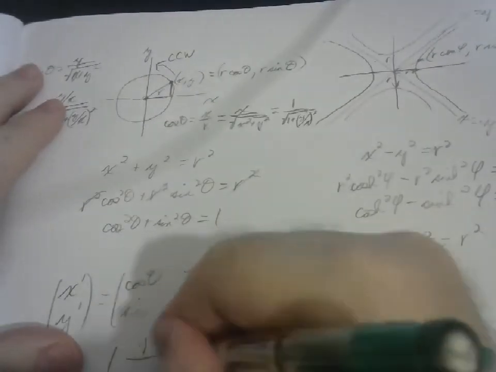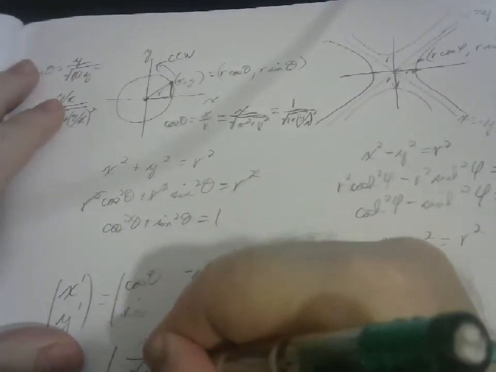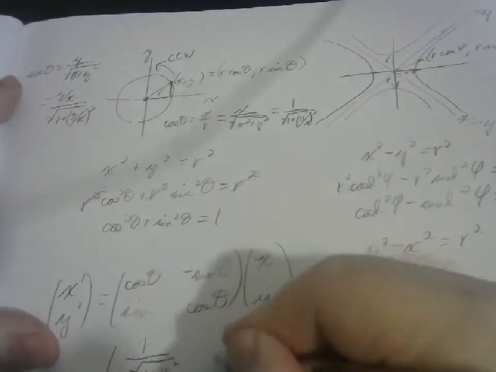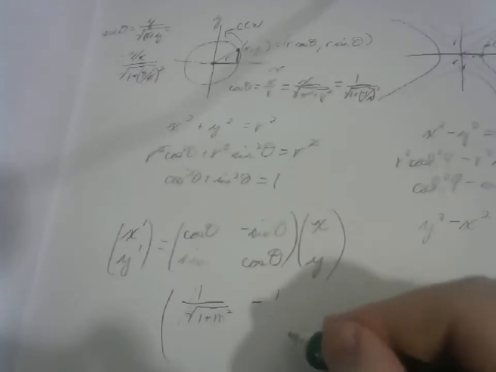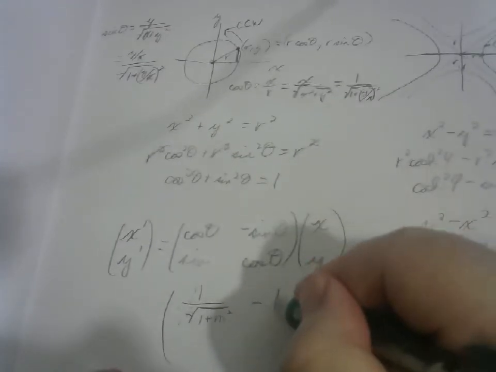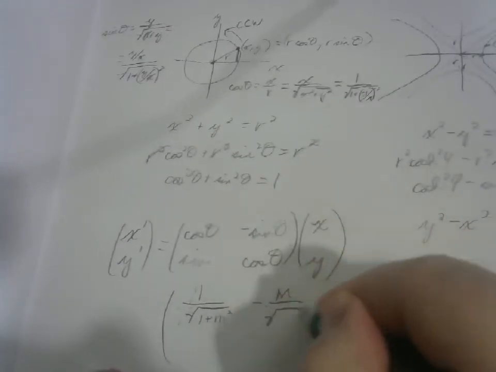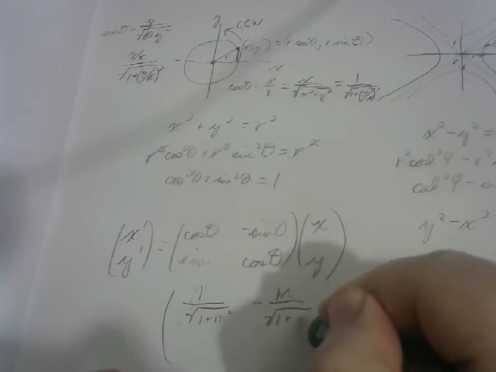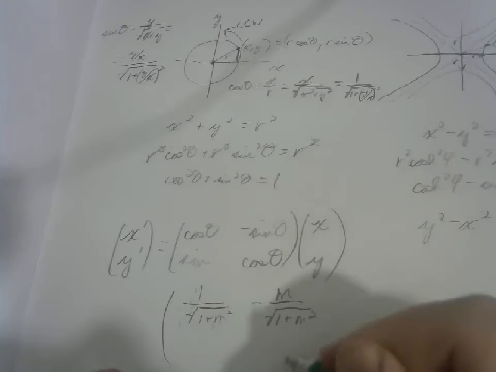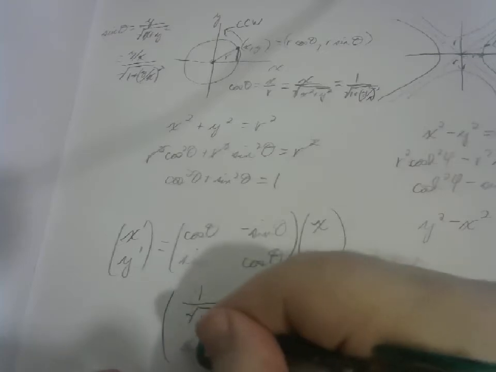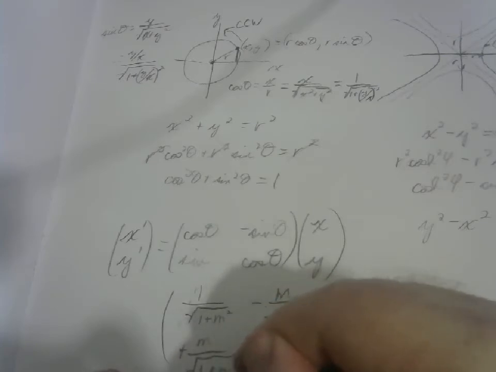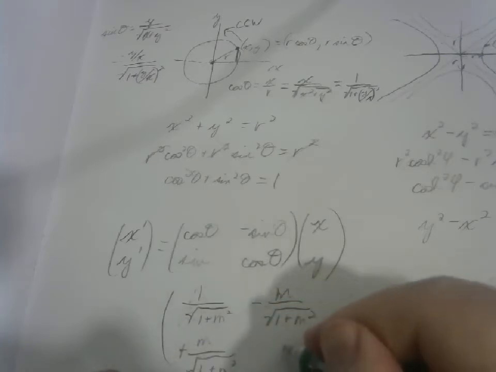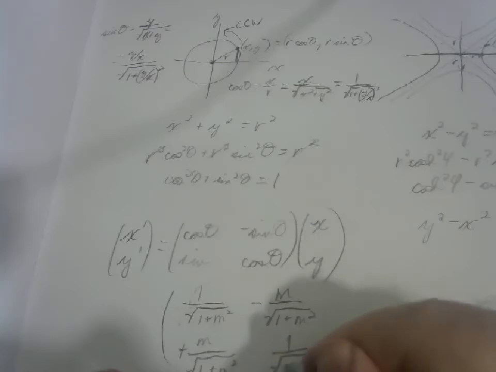So this matrix is 1 over the square root of 1 plus m squared, then negative m over the square root of 1 plus m squared, then m over the square root of 1 plus m squared, and 1 over the square root of 1 plus m squared.